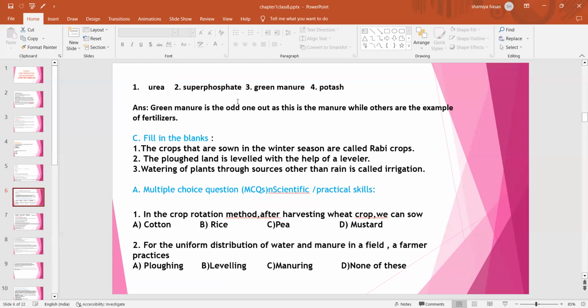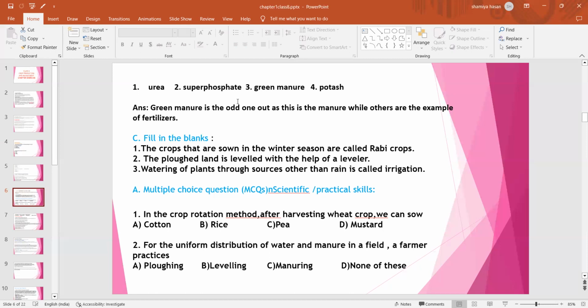So the question is: in the crop rotation method, after harvesting wheat crop, which crop can we sow? Cotton, rice, pea, mustard. So we can sow mustard.